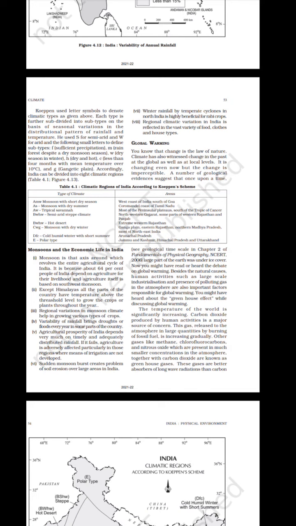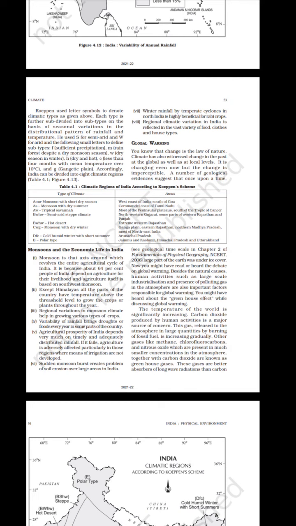He used S for semi-arid and W for arid and the following small letters to define subtypes: f, sufficient precipitation; m, rainforest despite a dry monsoon season; w, dry season in winter; h, dry and hot; c, less than 4 months with the mean temperature over 10 degrees Celsius; and g, Gangetic Plain. Accordingly, India can be divided into 8 climatic regions. Take a look at table 4.1, climatic regions of India according to Köppen's scheme.